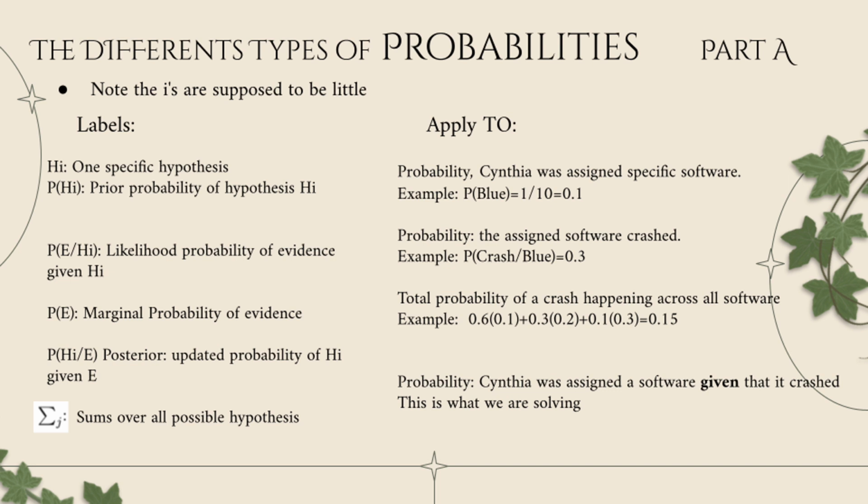And lastly, there's marginal probability, which refers to the overall probability of observed evidence across all possible hypotheses, acting as a normalizing factor. Together, these come together to form Bayes' rule, allowing us to update our initial belief as new information becomes available, and that kind of goes into our next slide.